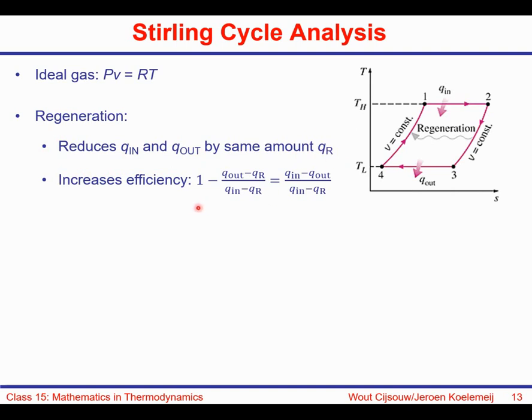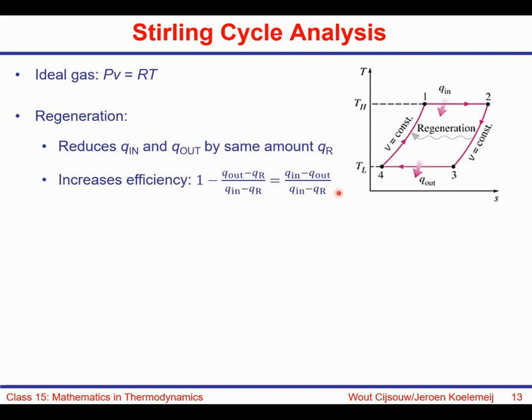Now, if you look at the expression for the efficiency of the cycle, that's 1 minus Q out divided by Q in. But Q out was reduced by QR and Q in as well. And I can rewrite this expression in the following form. I have this fraction here, and QR no longer shows up in the numerator, but it does show up in the denominator.